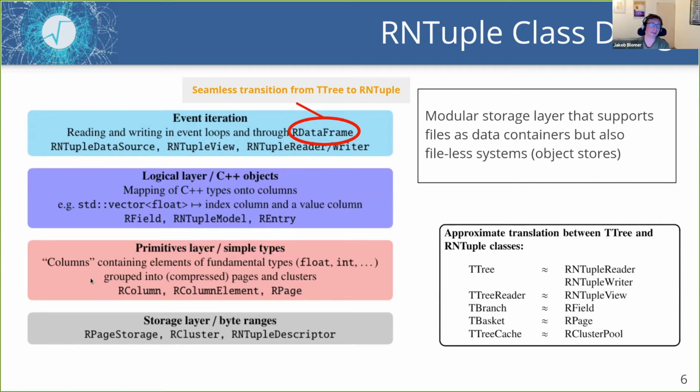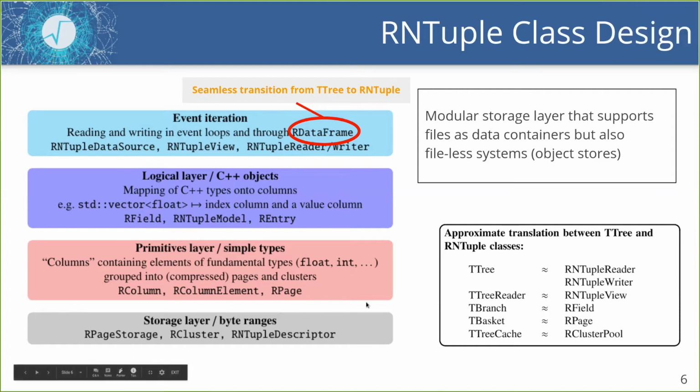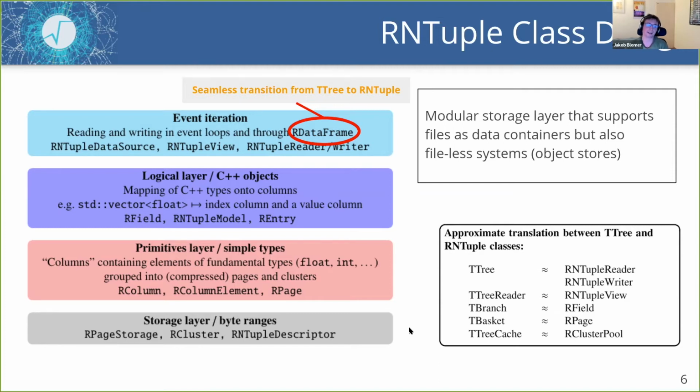So we put some effort into making this layering fast, so it has a minimal, hopefully minimal, overhead. Most of the time you would go with C++ templates directly from event iteration to the bytes of the storage layer without making any implicit copies. And another important point of keeping a good layering is that we can, of course, start to exchange things in the layer, especially in the storage layer.